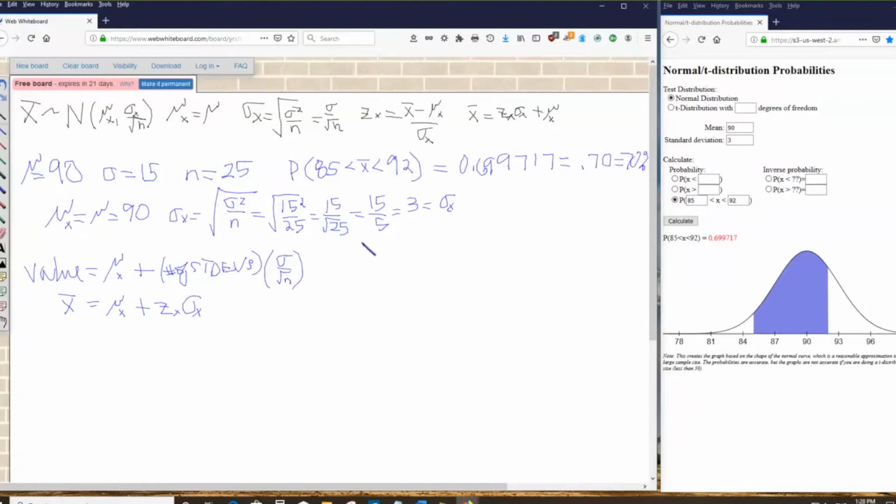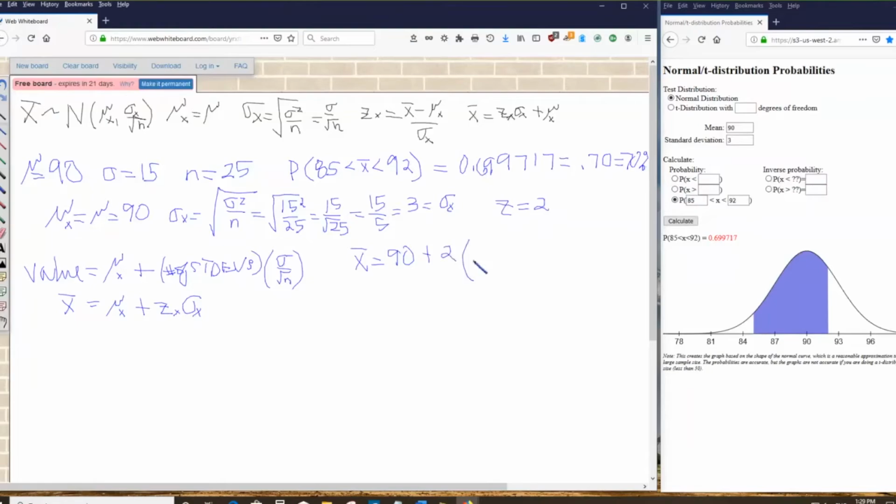Okay, so then to solve this, we're going to plug in the numbers. To solve for x, we're going to plug in our mean. Our mean is 90. Plus, they tell us we want to find 2 standard deviations above the expected value. So that tells us our z-score is going to be 2.